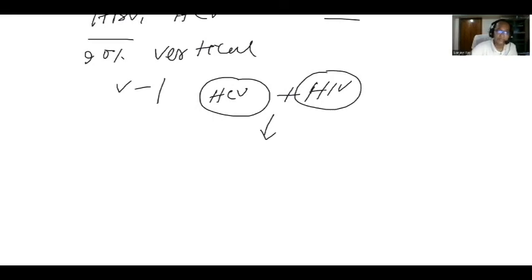I repeat again, in case of isolated hepatitis C virus infection, the vertical transmission chance is very low. But when the mother is co-infected with hepatitis C virus and HIV, then the vertical transmission chance of hepatitis C virus is very high. And in that case, only in the case of co-infection with HIV, antiviral should be given during pregnancy to the mother.